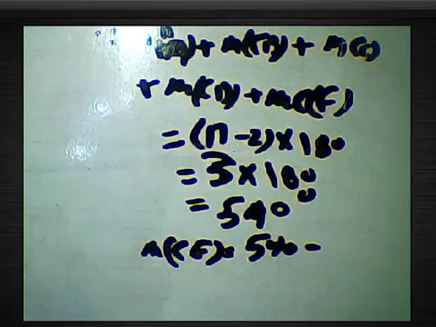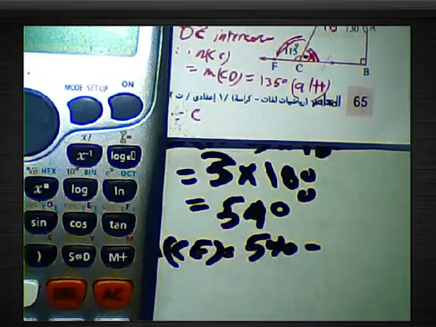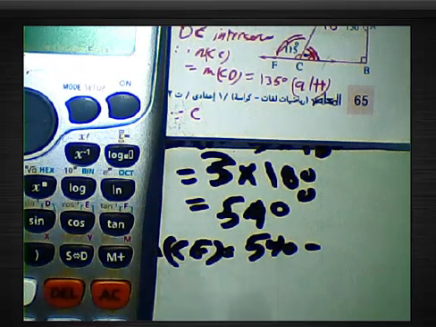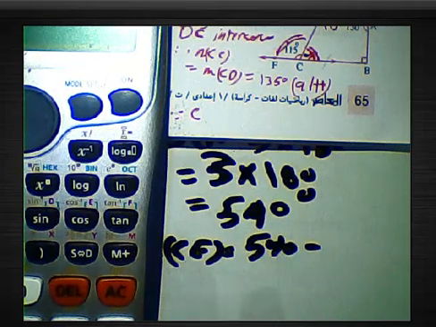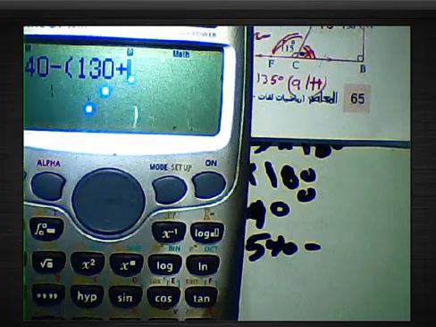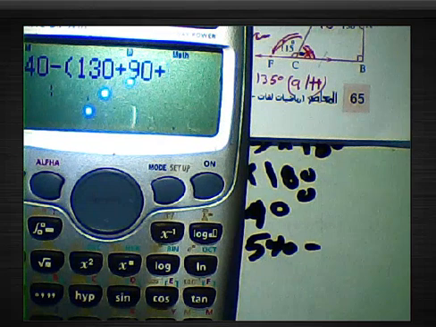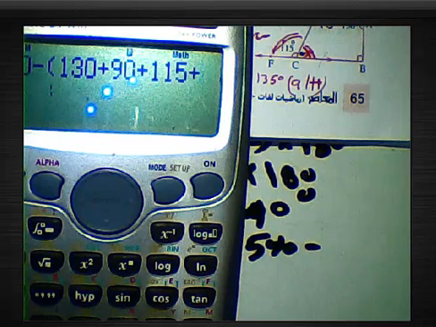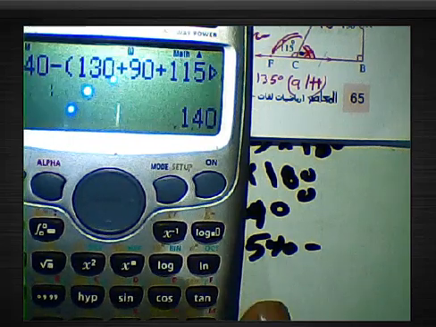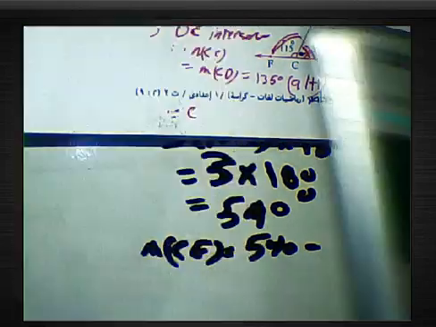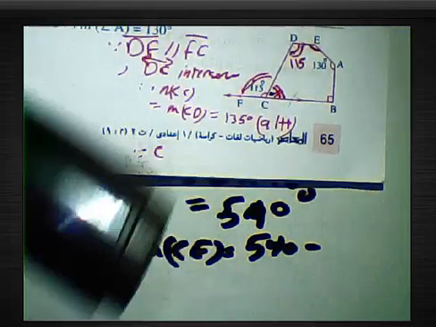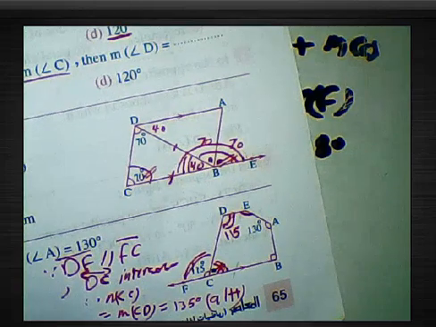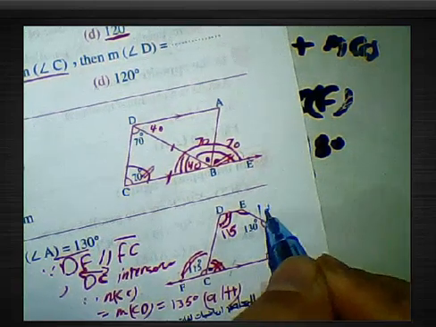You can use a calculator to find the result. 540 minus 130 plus 90 plus 115 plus 65. The result will be 140. So the measure of angle E equals 140 degrees. Okay, understood? 140 degrees.